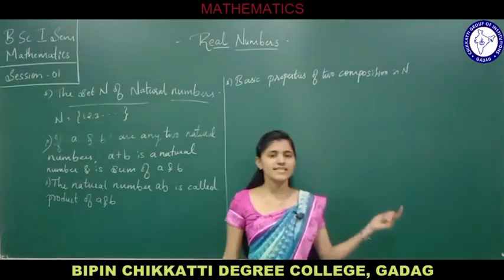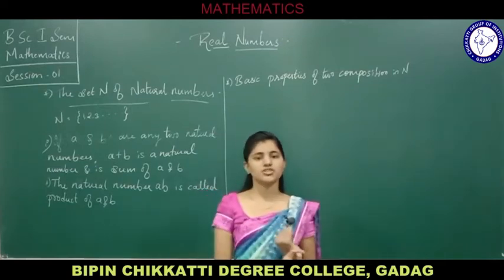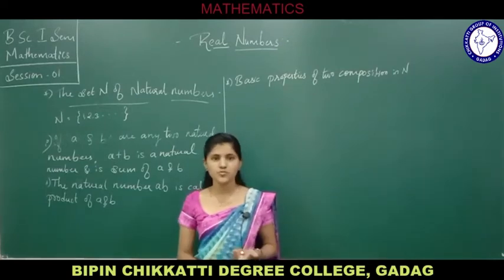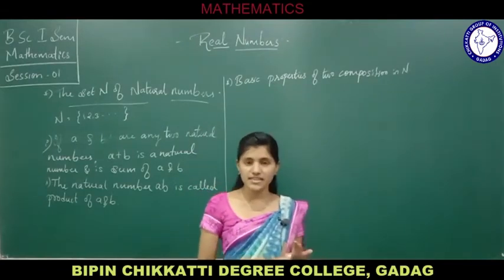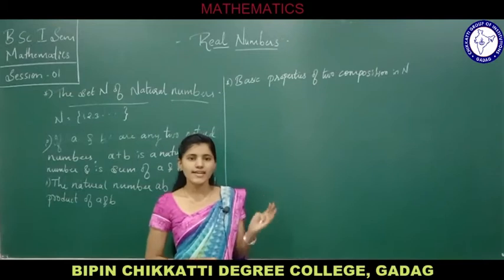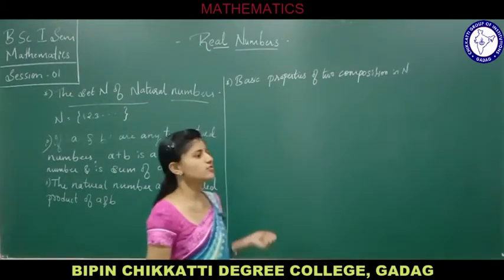Basic properties, in the sense, what are the properties of natural numbers? We know about the commutative property, associative property, distributive property over addition, multiplicative identity. These are the basic properties of natural numbers, right? That is what we are going to study now.